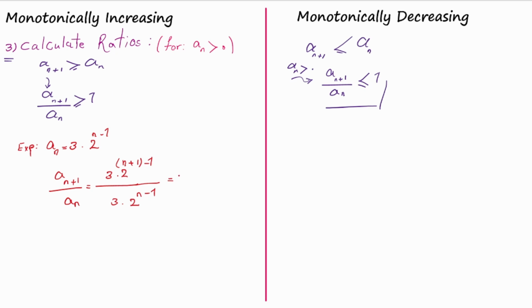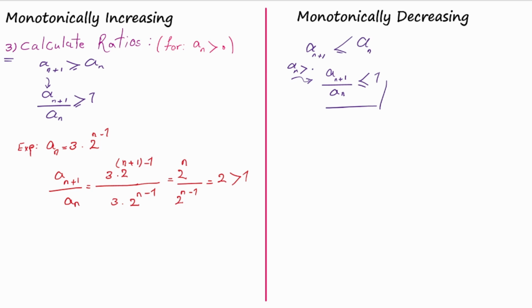After simplification, we have 2 to the n over 2 to the n minus 1, which is equal to 2. And since the ratio of consecutive terms is always greater than 1, this sequence is monotonically increasing.